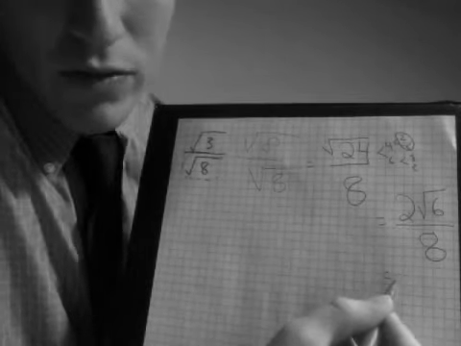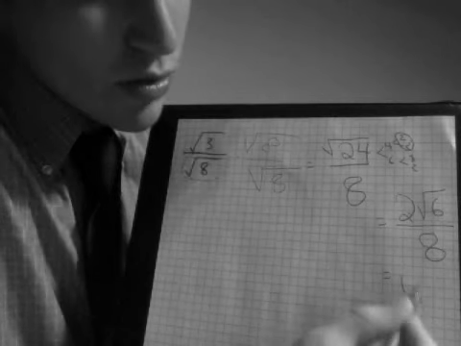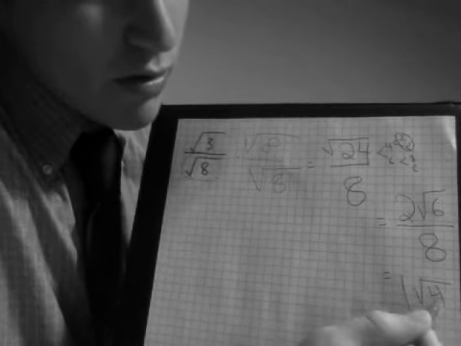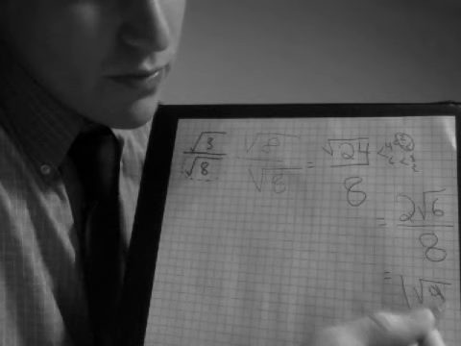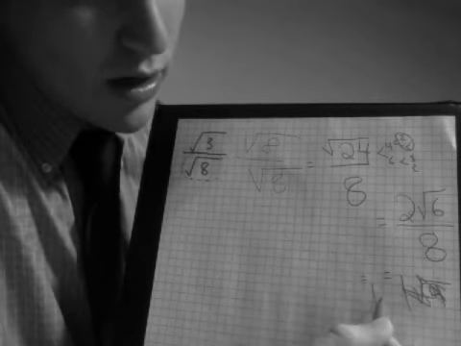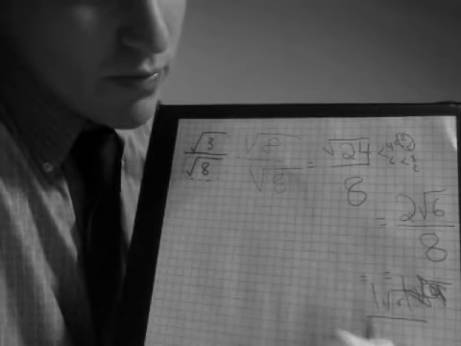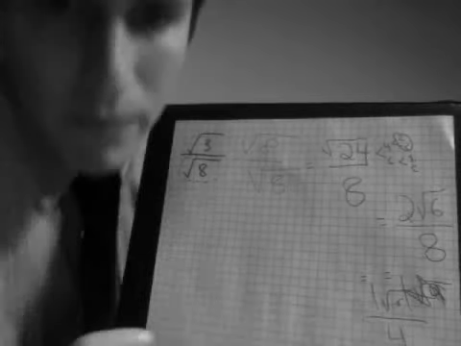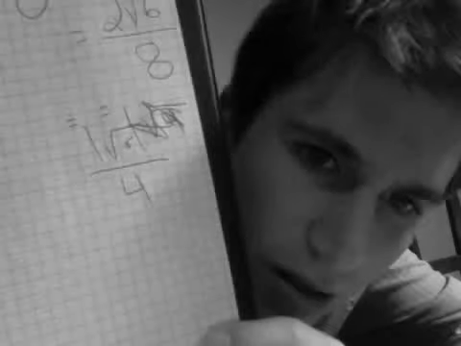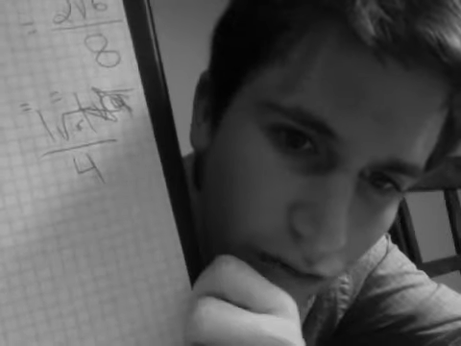So really I have 1 square root of 6 divided by 4. Can you read that? The answer is 1 square root of 6 over 4.